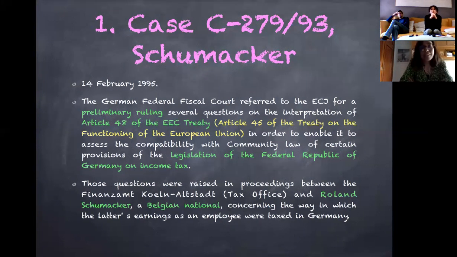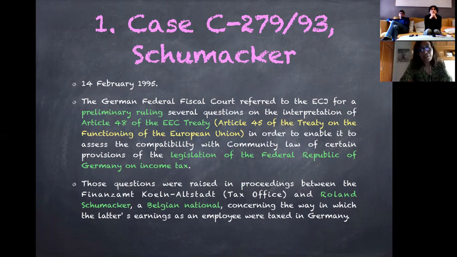The main aim of this preliminary ruling was the interpretation, as we have said, of this free movement of workers in the case of the legislation of the Federal Republic of Germany on income tax, and in particular on personal income tax.